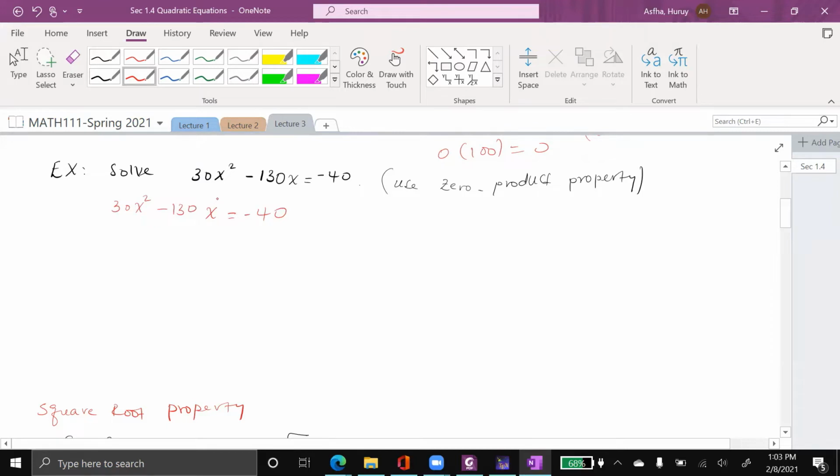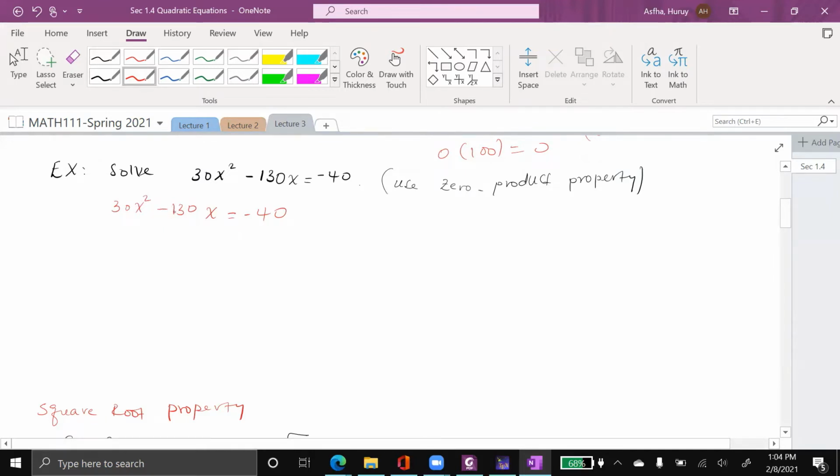Now, how do we solve this one? The first thing that we need to do is always try to simplify these coefficients. As you can see, these are big numbers. So what we could do is simplify them. Can I factor out some part?